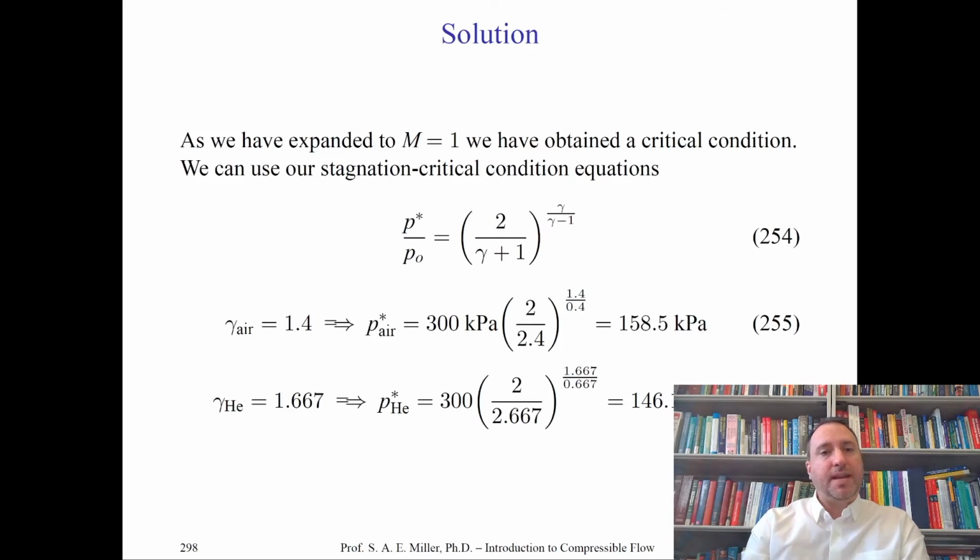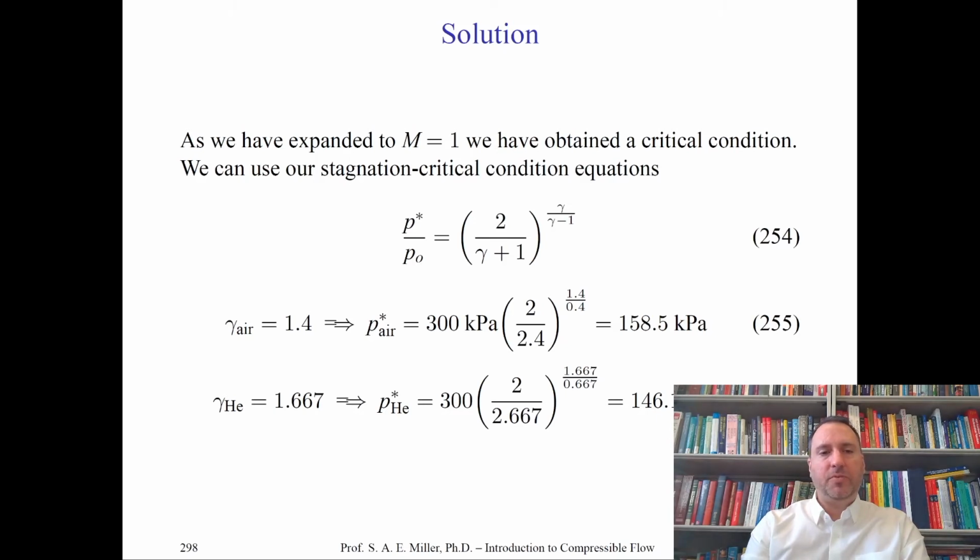So the solution is, as we have expanded to Mach 1, the flow is certainly choked, and we've obtained the critical condition which we just defined in this class. We can now use our stagnation critical condition equations, which we developed, to directly find P star over P naught. In 254, for constant gamma, which is 1.4 by definition for air, we have 2 over gamma plus 1 to the gamma over gamma minus 1.